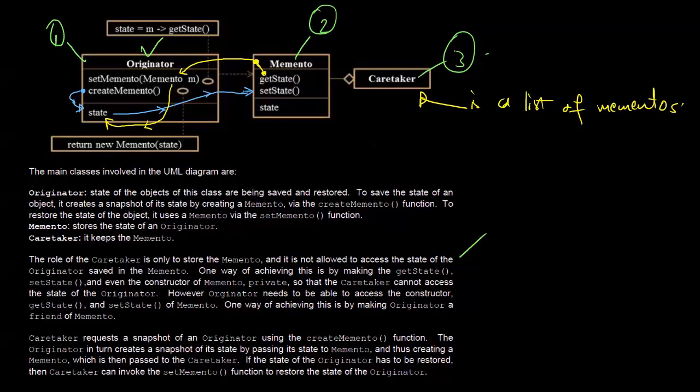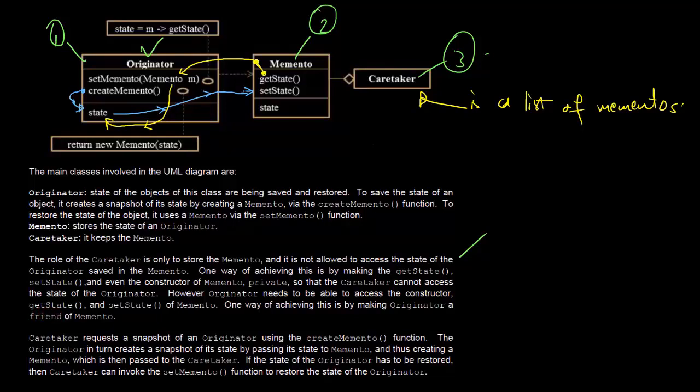But if we then make everything private, the question becomes, how then does the originator access these functions? Because anything private within a class can only be accessed within that class. So the only way to allow a class to access anything private within that class is to make it a friend of a class.